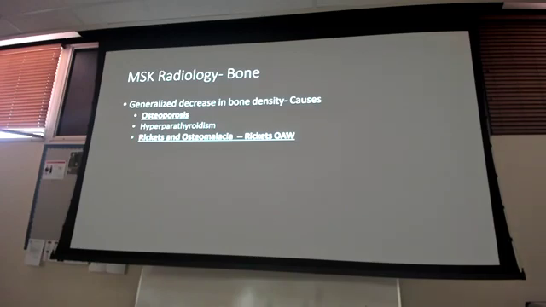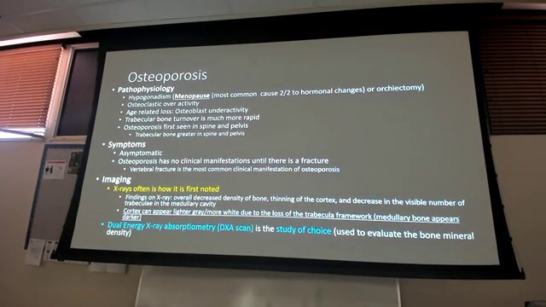So let's start with osteoporosis. Here's the big pathophysiology slide, okay? Hypogonadism is the most common cause, usually due to menopause. 2/2 means secondary, that's medical shorthand, to hormonal changes, or orchiectomy.